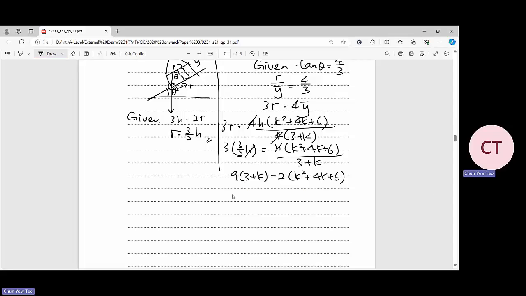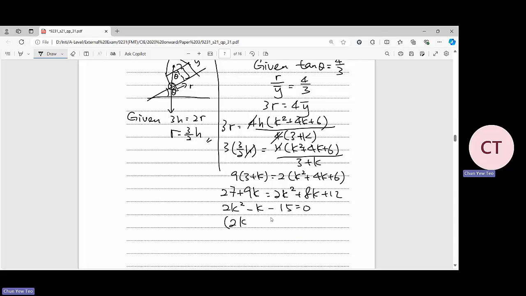So you have 27 plus 9k is equal to 2k squared plus 8k plus 12. You get 2k squared minus k minus 15 equal to 0.